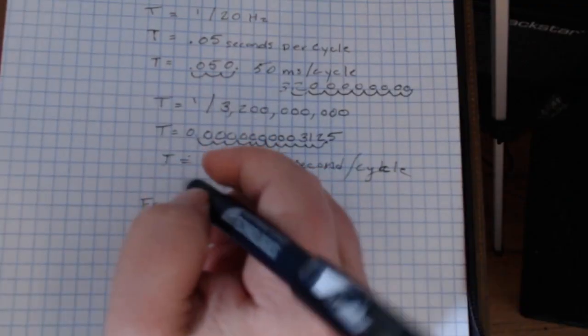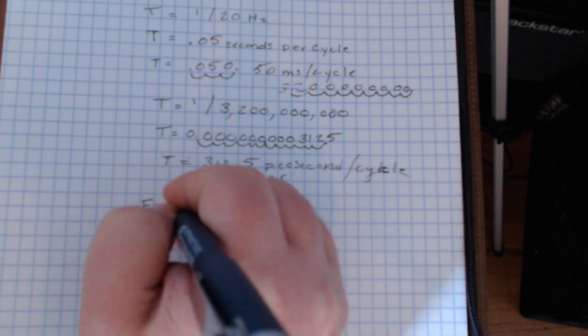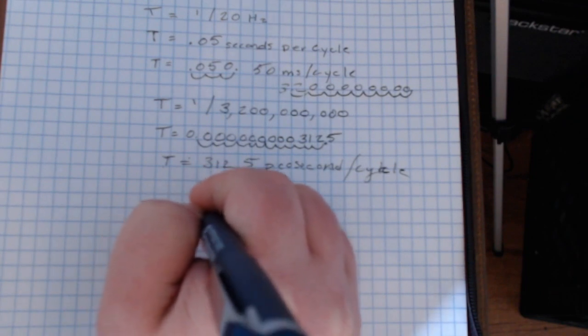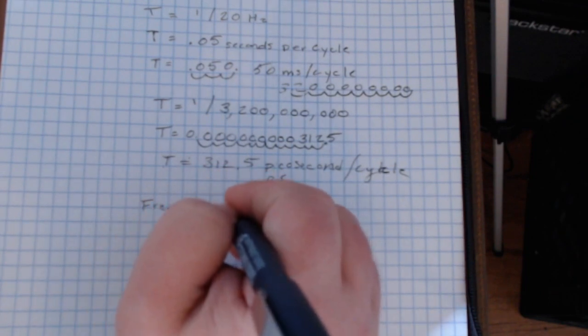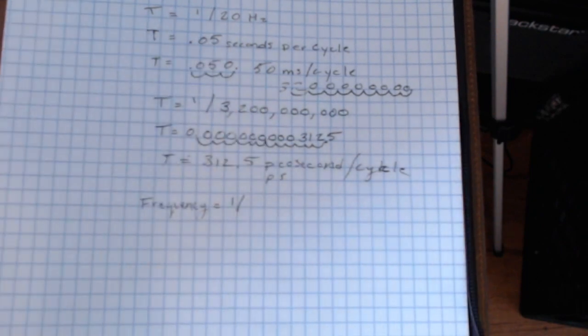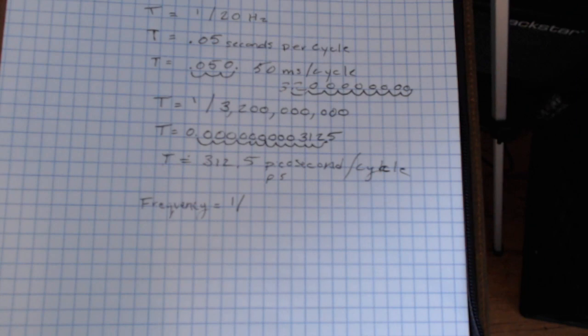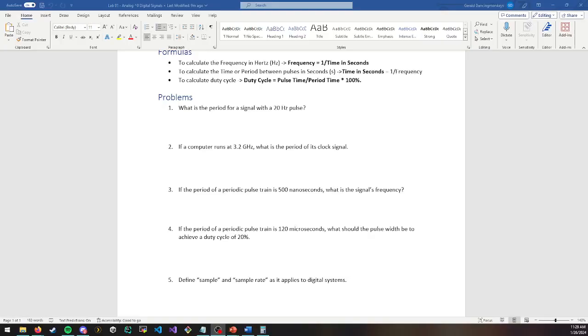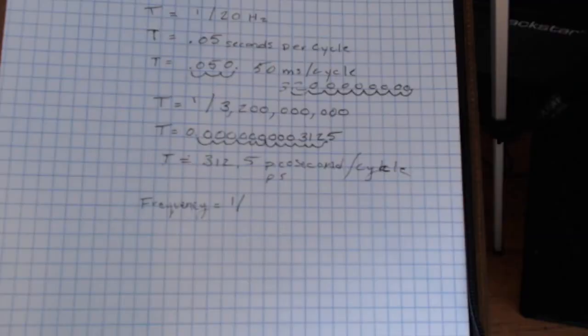All right, so our frequency is going to be equal to 1 divided by the time in seconds. Now, real quick, you notice when we looked at the question, that was the time in nanoseconds. So how do we work from nanoseconds back up to seconds?